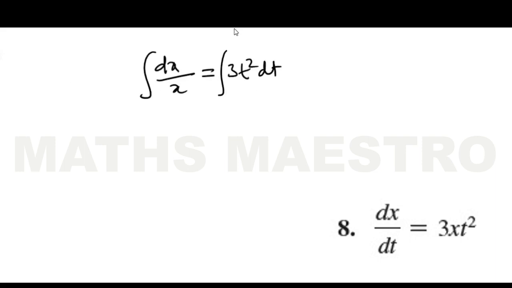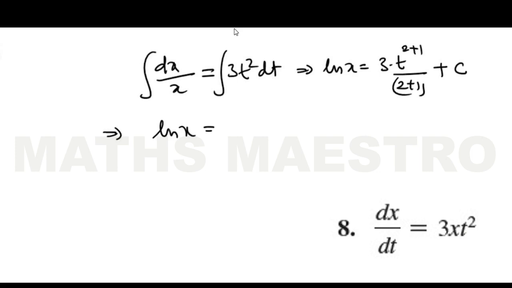Putting integration on both the sides, we get ln x is equal to 3t to the power 2 plus 1 here and 2 plus 1 here in the denominator, and then a constant of integration c, and this will be ln x is equal to 3t cubed by 3 plus c, and this will be nothing but ln x is equal to t cubed plus c.